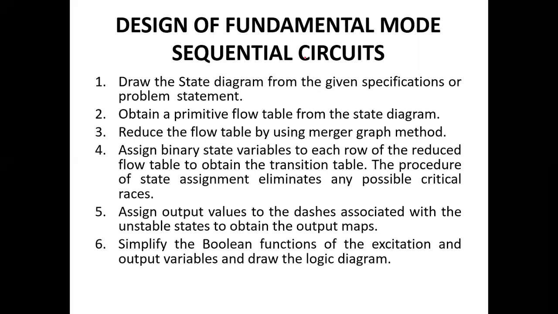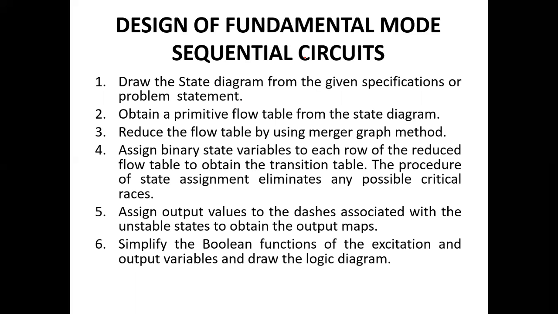First, draw a state diagram from the given specification of the problem statement. Then obtain the primitive flow table from the state diagram. Reduce the flow table by using the merger graph method. Assign binary state variables to each row of the reduced flow table to obtain the transition table.